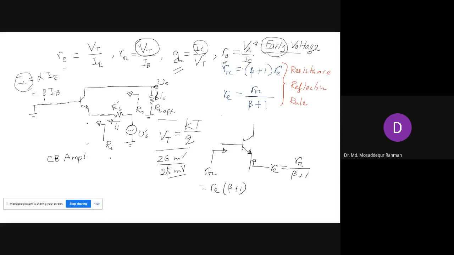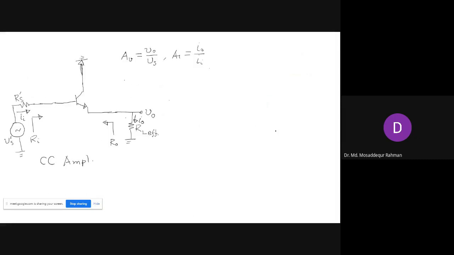Now, I'll show you one more relationship here. We have shown one relation between R pi and RE, and another relation, that Gm is IC by VT.